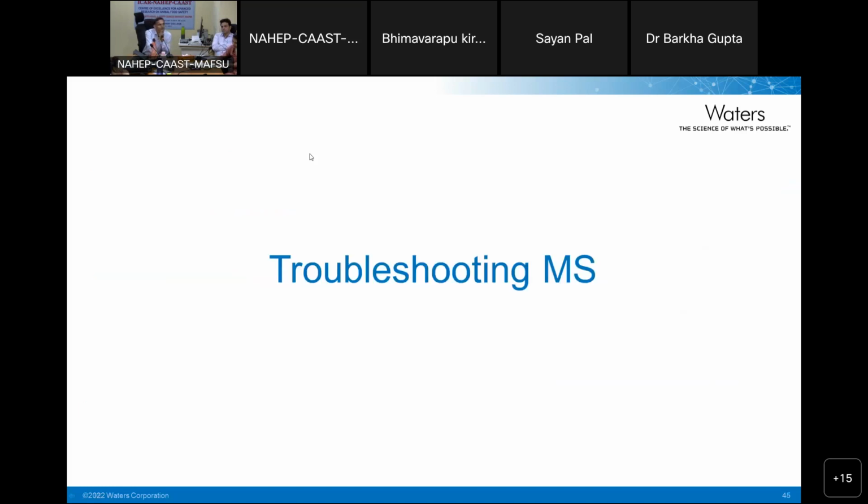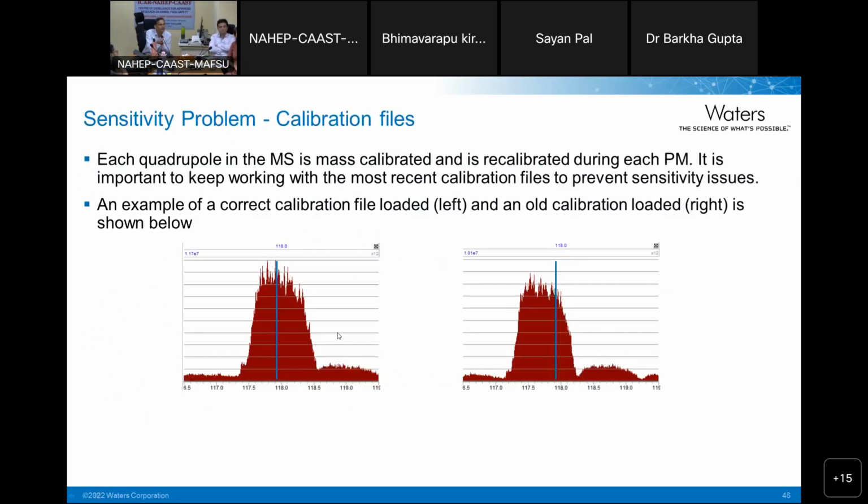So that was related to your chromatography or LC part. Now your troubleshooting related to MS. I'll not go into detail about this MS because generally you need not change certain things in this. So like the calibration files, if improper calibration files are used, then there will be some shift in your masses.